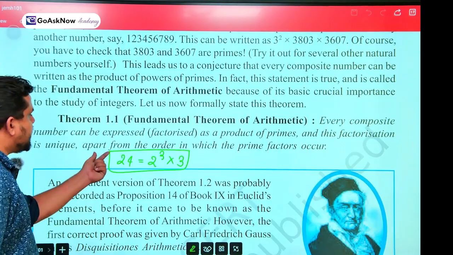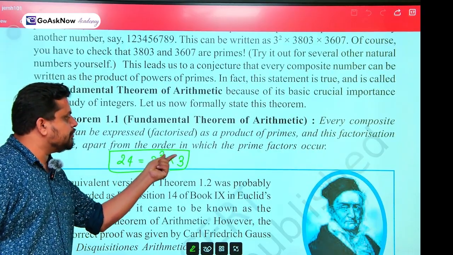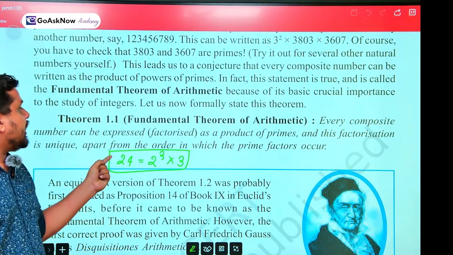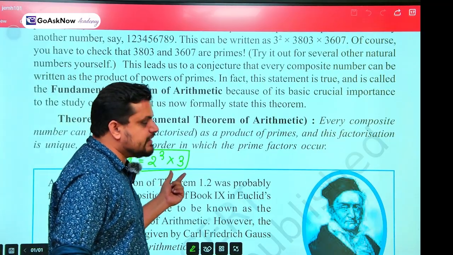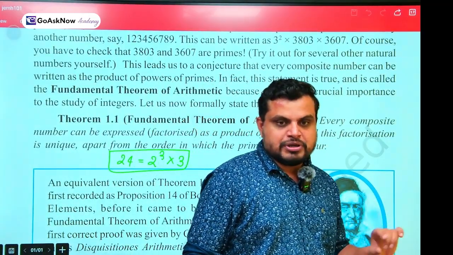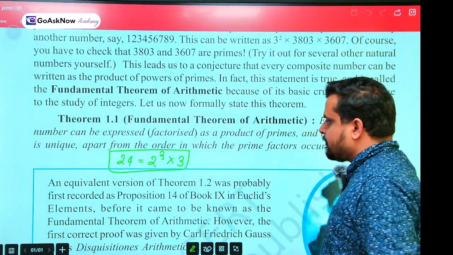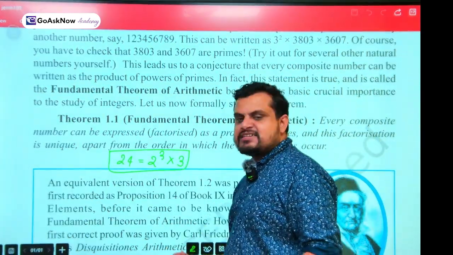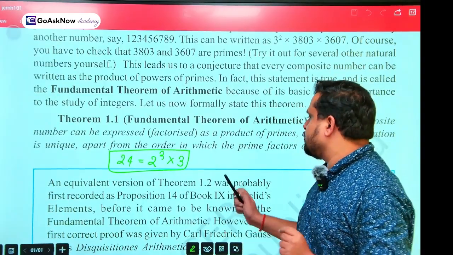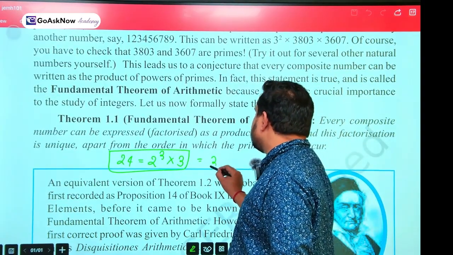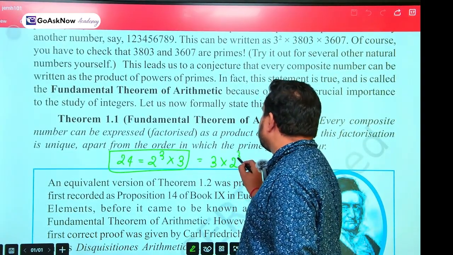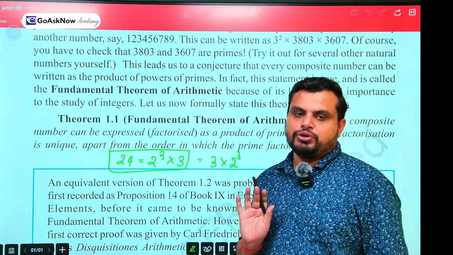So we have written our composite number as a product of primes, and this prime factorization is unique, meaning there cannot be any other primes in which this factorization can be written, only we can change its order. We can write it as 3 into 2 cube.